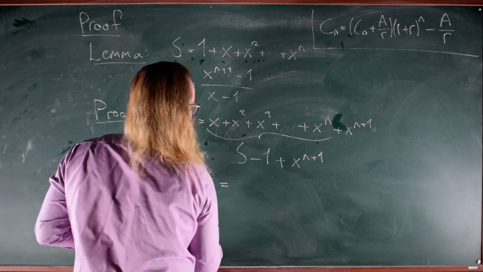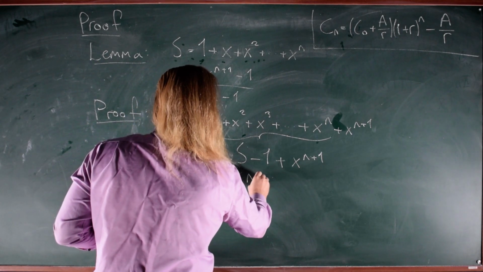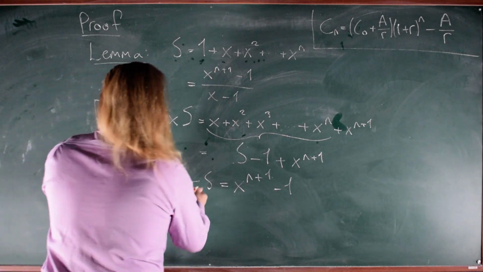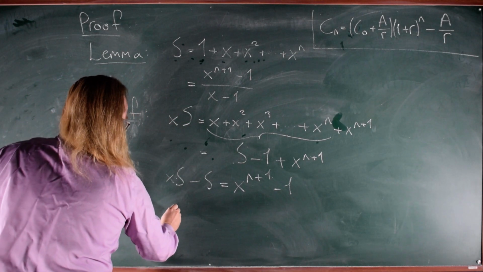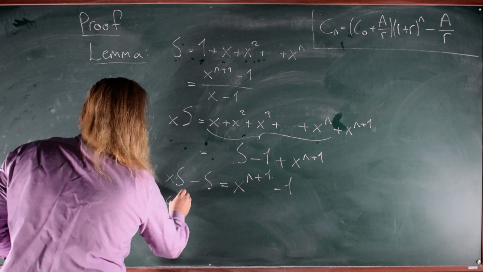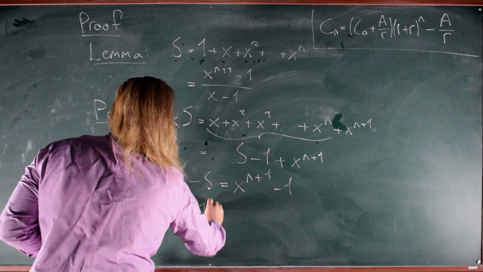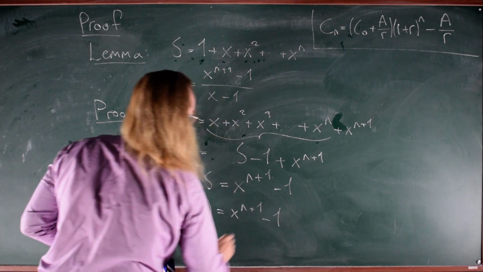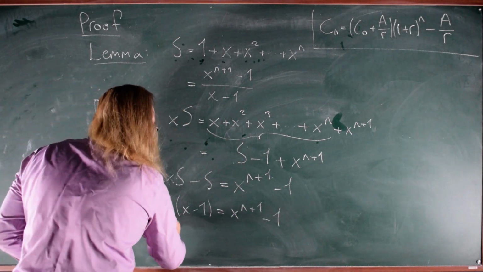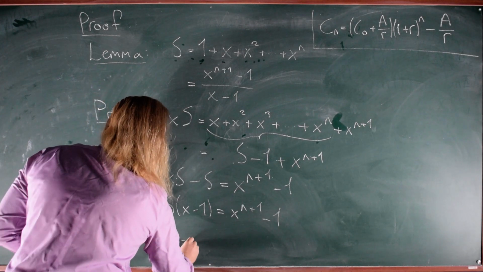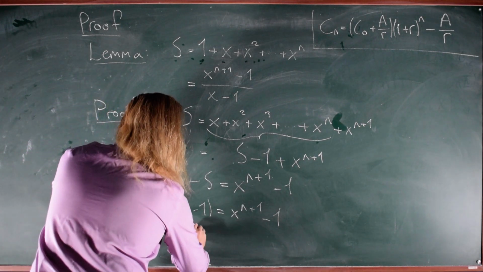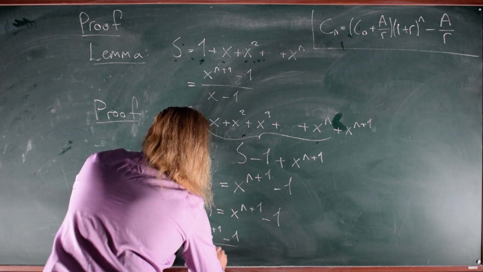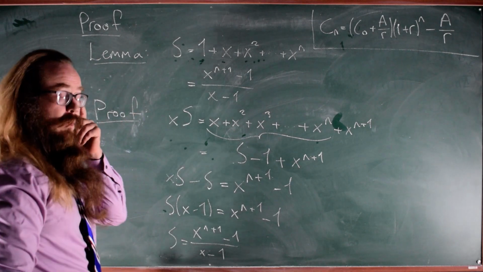What I'm left with on the right-hand side is just x to the power of n plus 1 minus 1. I have a common factor of s here, so s times x minus 1 is equal to x to the power of n plus 1 minus 1. Now I can divide on both sides of the equation to isolate s, and what I end up with is x to the n plus 1 minus 1 over x minus 1, which is exactly what I wanted.